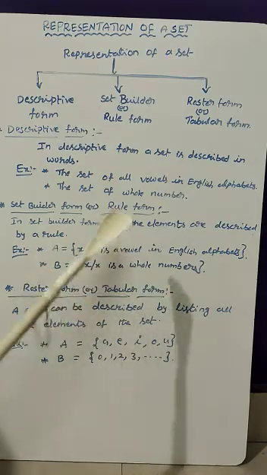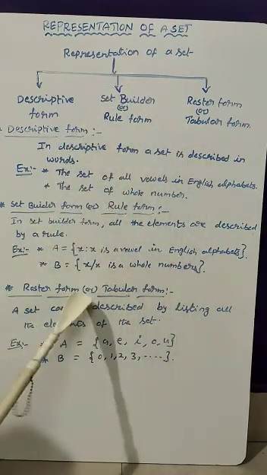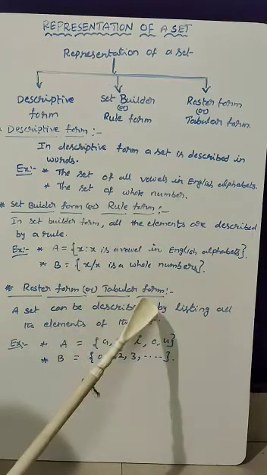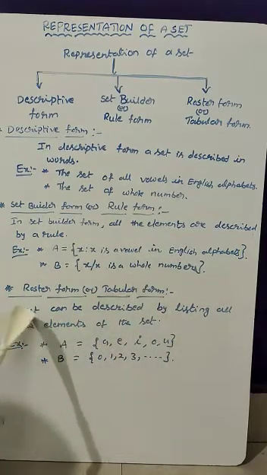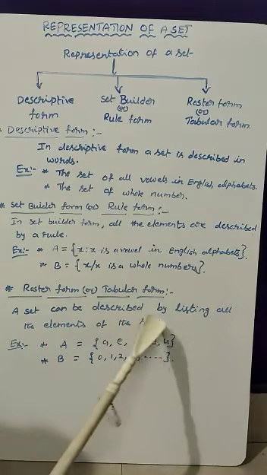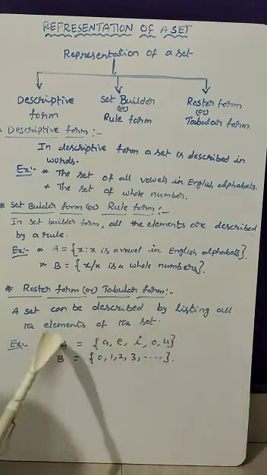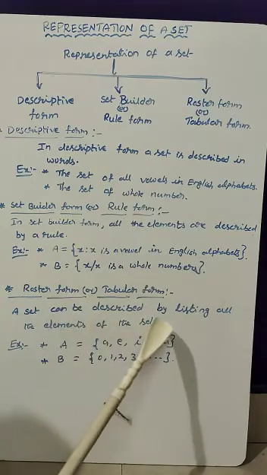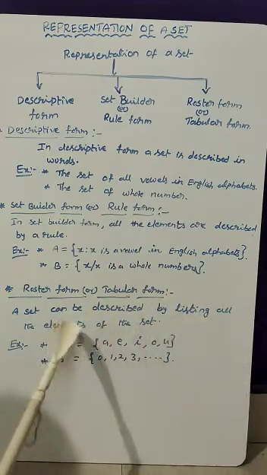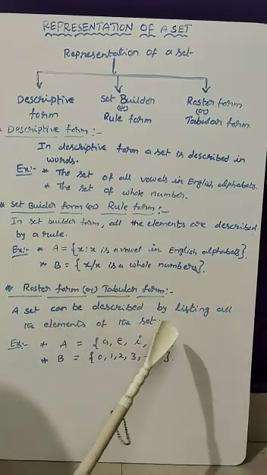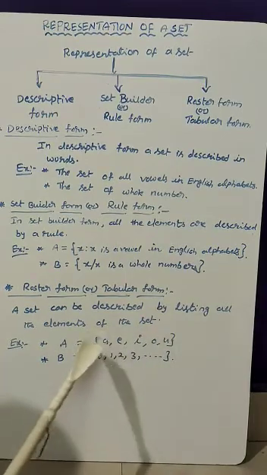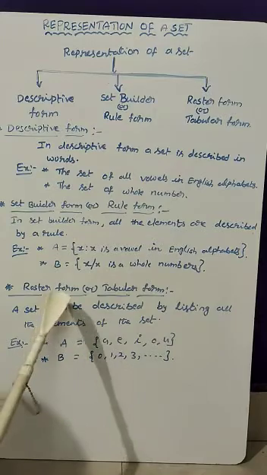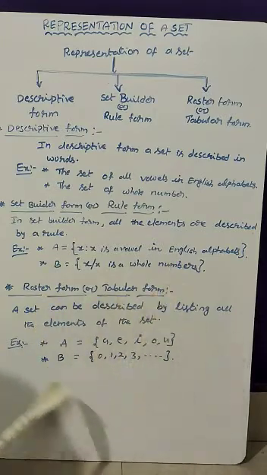And the next, third definition is roster form or tabular form. A set can be described by listing all the elements of the set. I mean, the listing of the elements you have to write within brackets with commas also. So that is called the roster form or tabular form.